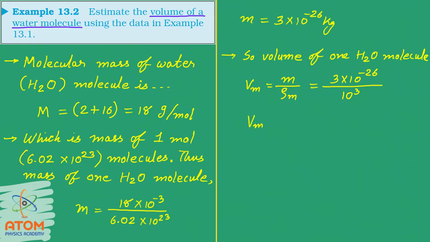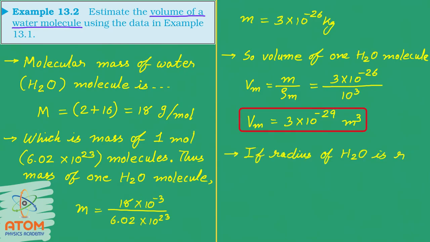So the volume of one molecule will become 3 into 10 raised to minus 29 meter cube. This is our answer, that the volume of an H2O molecule is 3 into 10 raised to minus 29 meter cube.